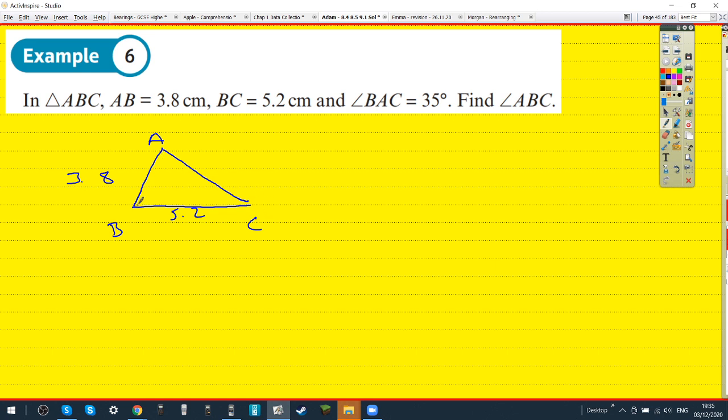And BAC is 35 degrees. And we want ABC. Aha. Do sine rule for the angle C. Okay.